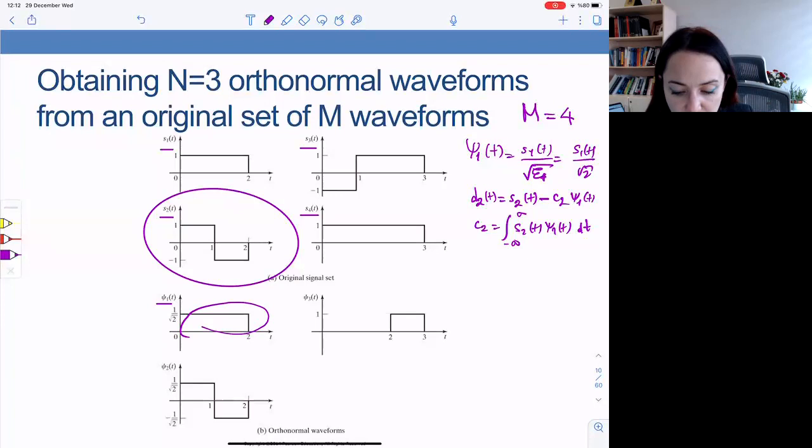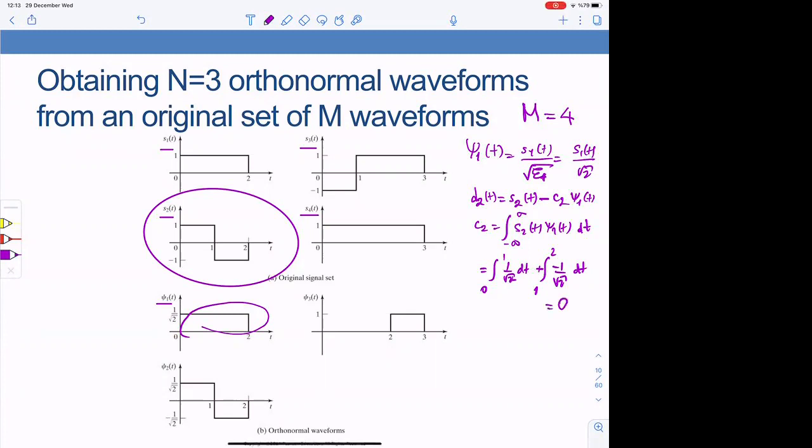So what does that give us? Let's just write it down. From 0 to 1 we have 1 over square root of 2 dt, and from 1 to 2, we have 1 over square root of 2 times -1, so -1 over square root of 2 dt.